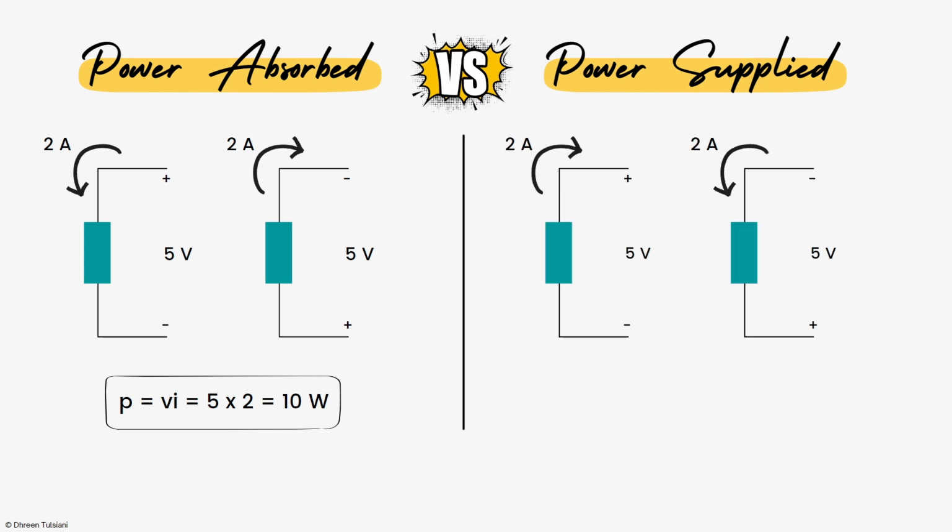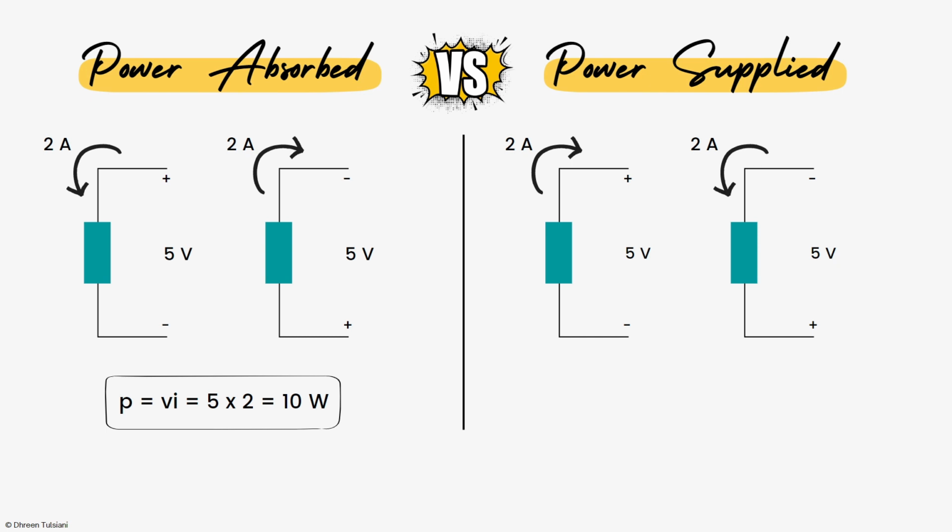Suppose we have the same two circuits again. The voltage applied is still 5 volts and the current is still 2 amperes, but the direction of the current is reversed. Current here is flowing from the negative terminal to the positive terminal. So here the element is supplying power because a positive current of 2 amperes enters the negative terminal of the element in both of these cases.